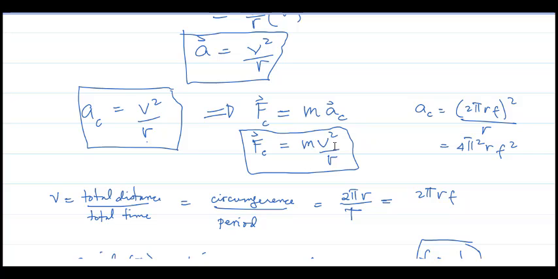Therefore, you can solve the centripetal acceleration if you are given radius and frequency, or you can use period. And also, in that way, having only radius and period, you can solve for the centripetal force.